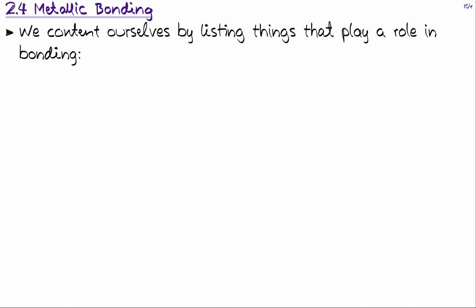Instead of doing any serious mathematics, we'll just say for now which things play a role in the bonding formation, and we are happy with that. We don't need to go into the fuller details right now.